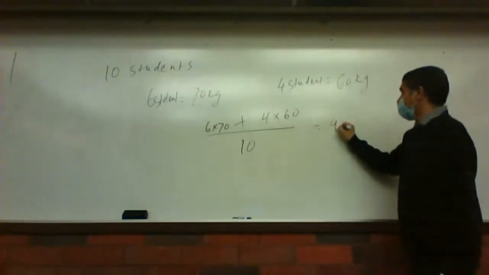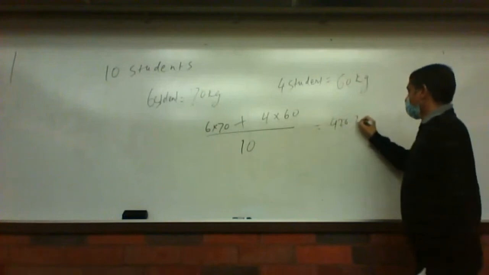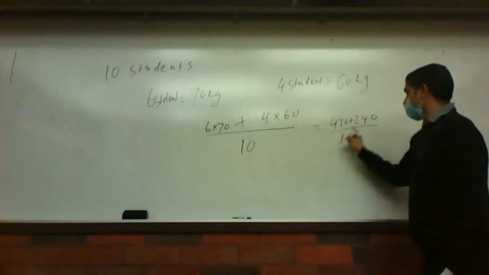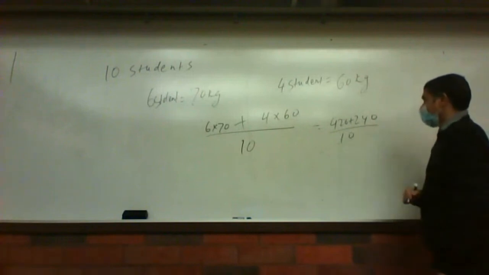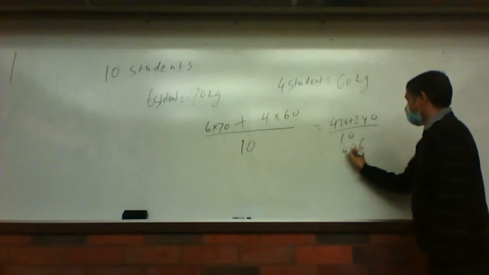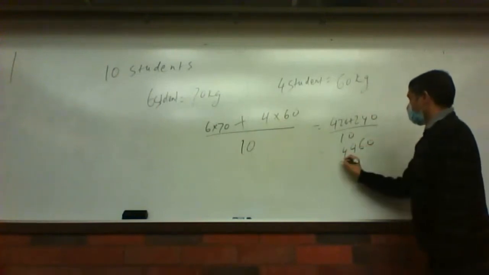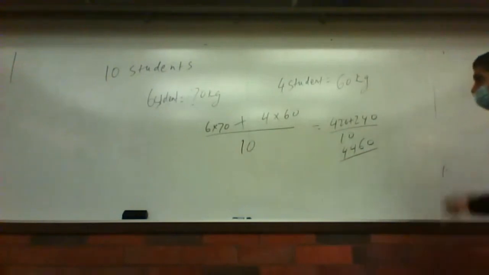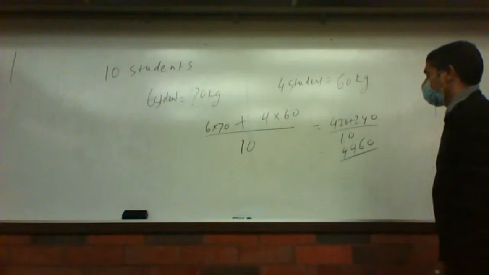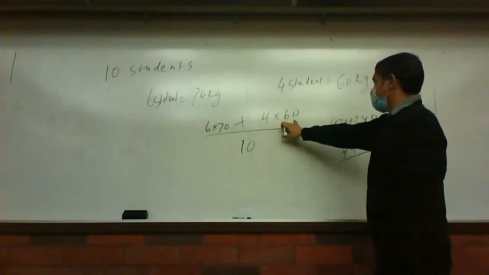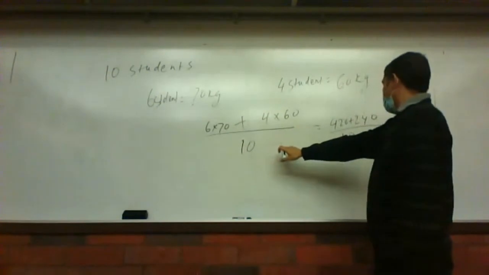So that would be 420 plus 240, divided by 10. Did I make a mistake here? 6 times 4 is 24, that's good. 240, 420.